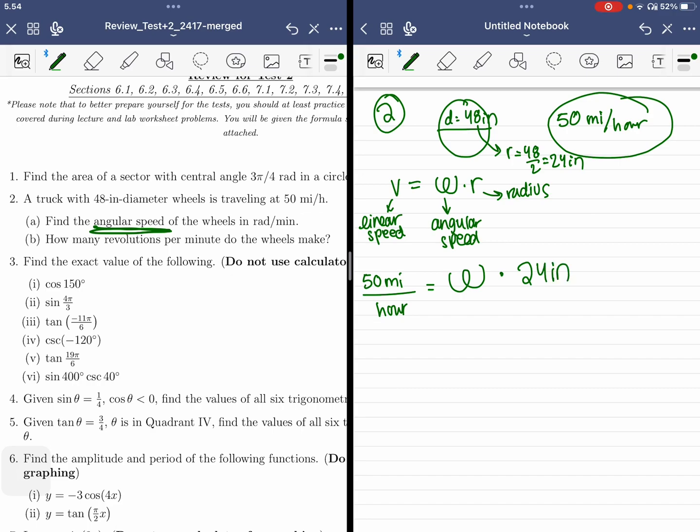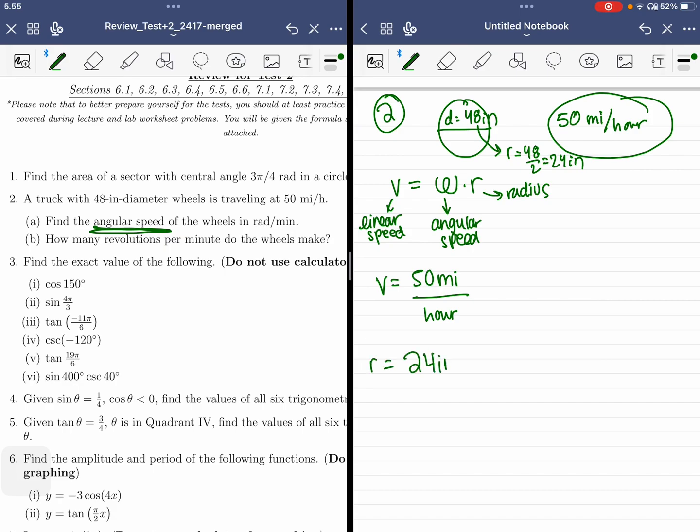All right, notice that this one is in terms of miles per hour. We want the end result here to be radians per minute, so we need to change that. First, I would change the miles per hour. Actually, I'm just gonna rewrite it this way. I'm gonna change this into inches per minute so that we have uniform units here.